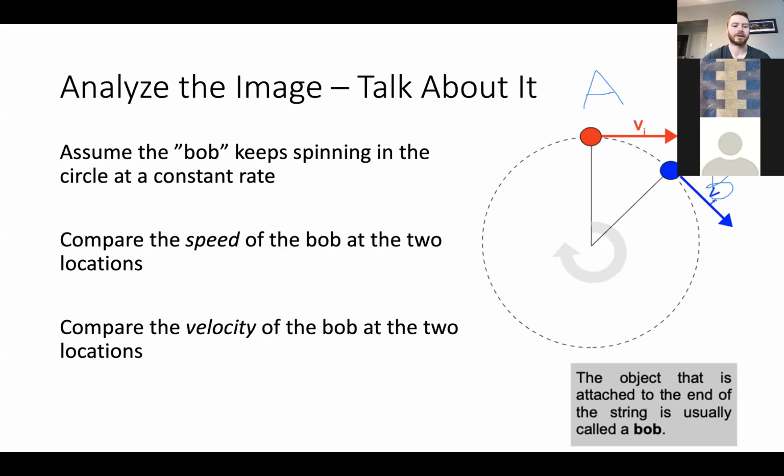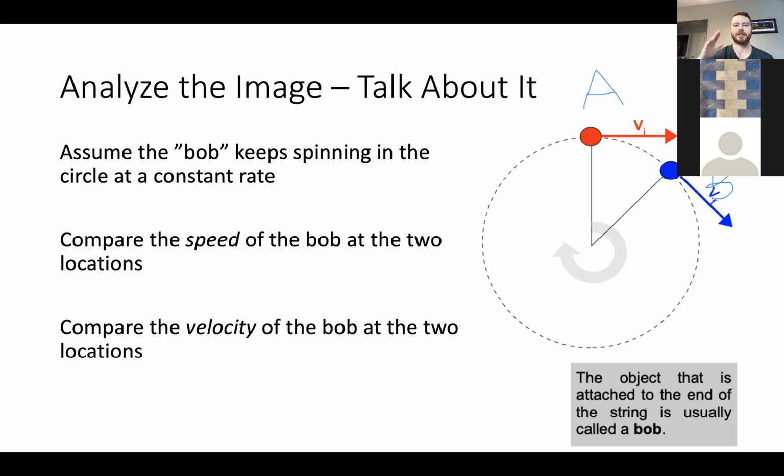Now, if we compare the velocity of the bob, if we look at point A, we'll notice that the velocity of the bob is pointing straight to the right. And then a moment later, it is pointing to the right and down.